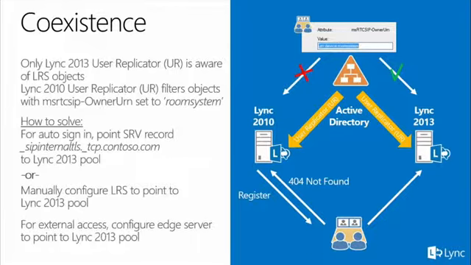So the Lync 2010 user replicator filters that room system out of its GAL. When you need to make sign-in happen, you need to point your SRV record to your 2013 pool or manually configure your LRS to your 2010 pool. But for external access, you need to configure your Edge server to go to your 2013 pool. It's that next hop piece that gets Lync Room System to be able to sign in.